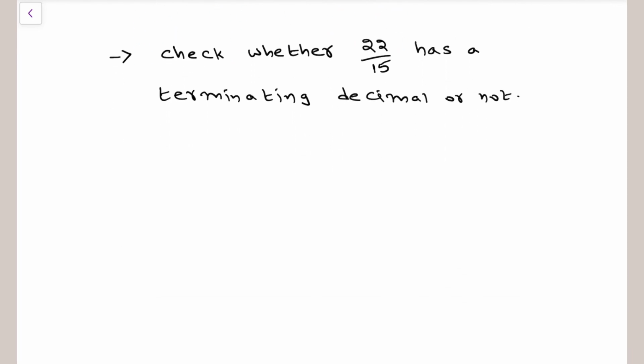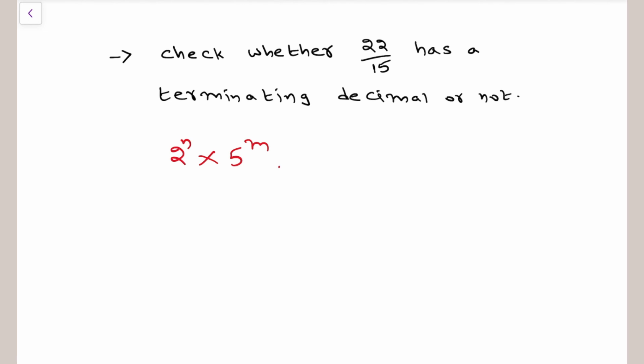Check whether 22 divided by 15 has a terminating decimal or a non-terminating repeating type of decimal. How will we check? If the denominator is in the form of 2 power n into 5 power m, then the given p by q number has a terminating decimal, otherwise non-terminating repeating decimal.